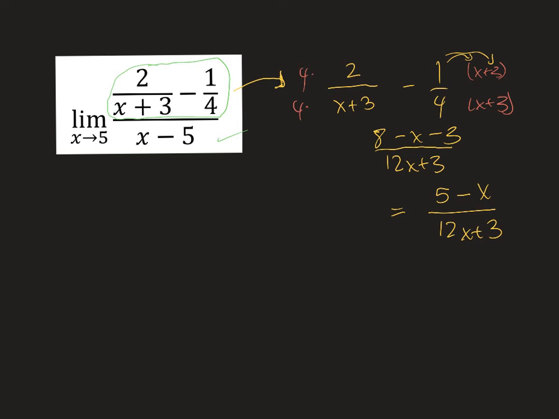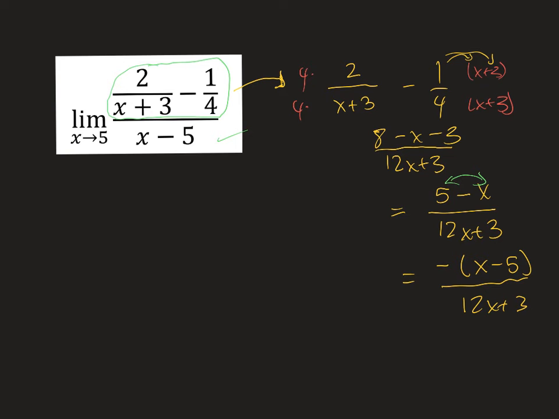Now I can already see where this is going, so I am going to change this to negative x minus 5. When you pull the old switcheroo here, you just have to make it the opposite. So I'm switching this around and factoring out a negative 1. So it's negative x minus 5 over 12x plus 3.